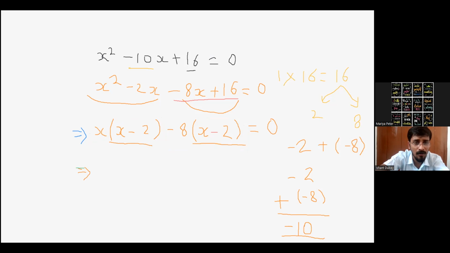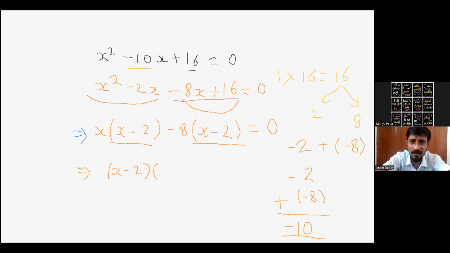So what I will do is take x minus 2, which is in the parenthesis, as common. Are you getting it? What have I taken common? x minus 2. So if I take x minus 2 common from both, x times within parenthesis x minus 2, and here minus 8 within parenthesis x minus 2, what will we get? x minus 2 has come out as common.